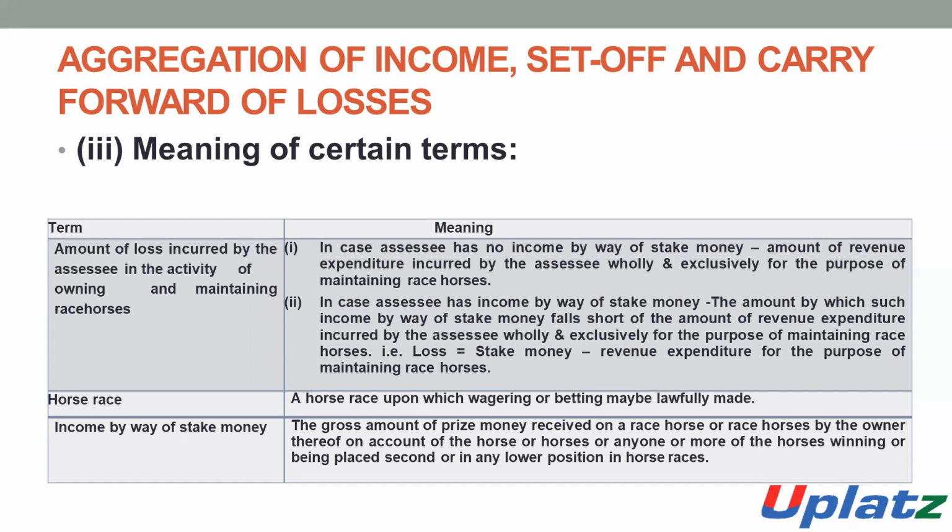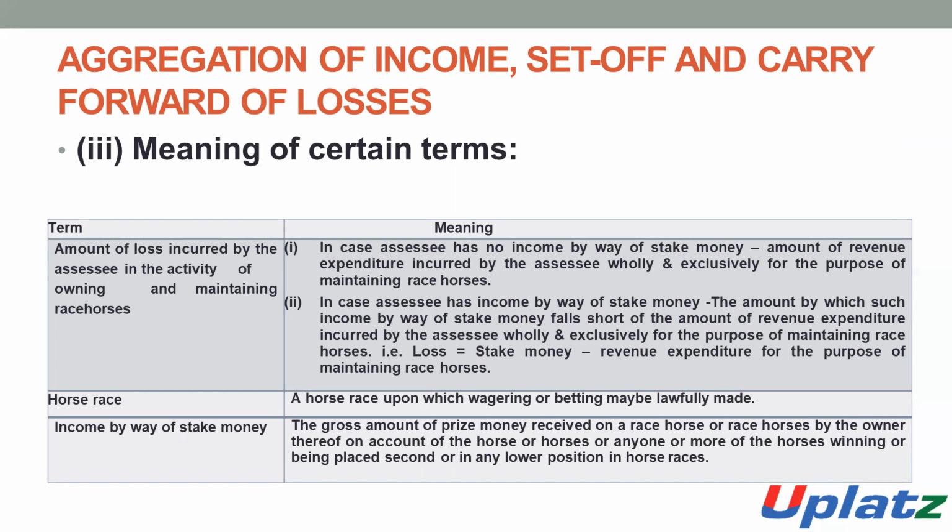What is the meaning of this amount of loss? In case the assessee has no income by way of stake money, the revenue expenditure incurred by the assessee wholly and exclusively for the purpose of maintaining the race horses is the amount of loss.